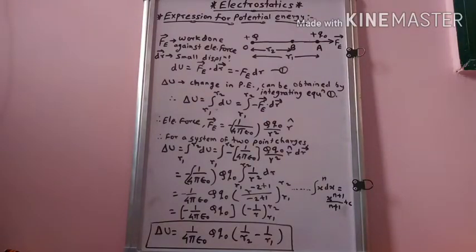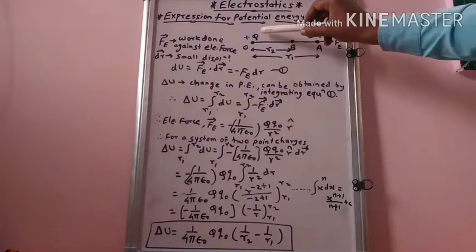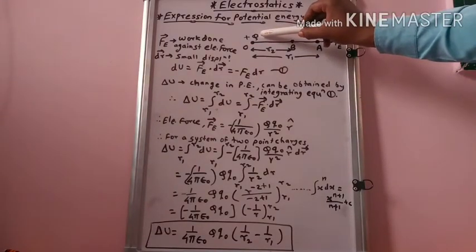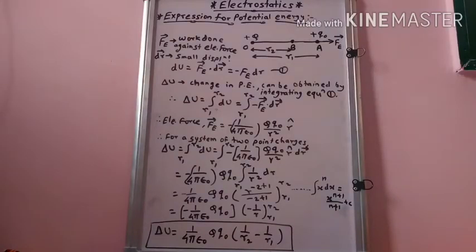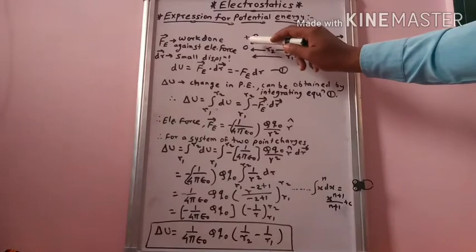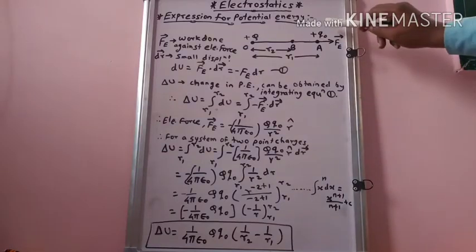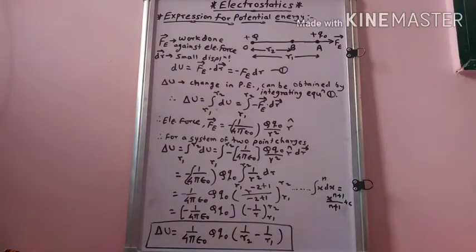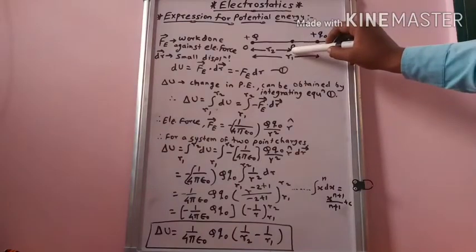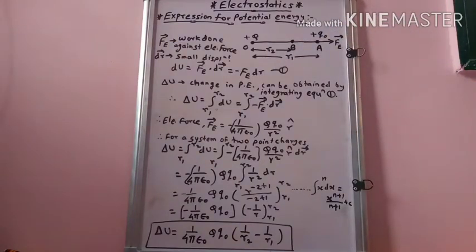Let us consider the electrostatic field due to a source charge plus capital Q. This is the source charge and it is placed at the origin O. Let a small charge plus Q naught, or Q0, be brought from point A to point B at respective distances R1 and R2 from the origin O against the repulsive force on it.